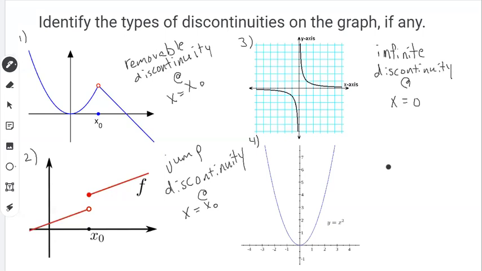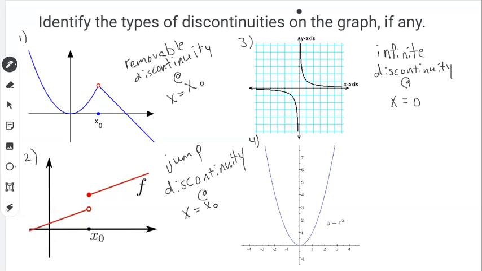Where is the location? And what type of discontinuity is it? That's what I want you to figure out for number 4.